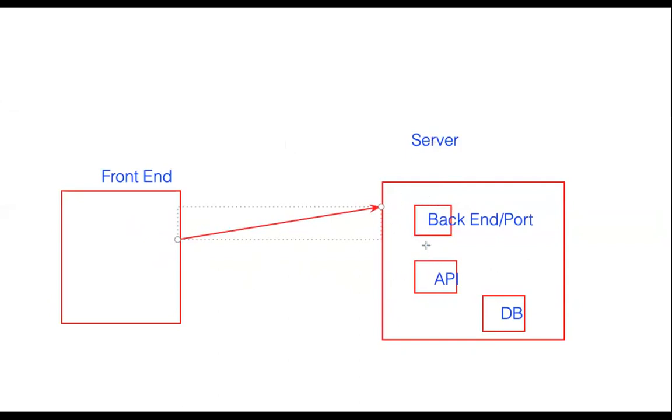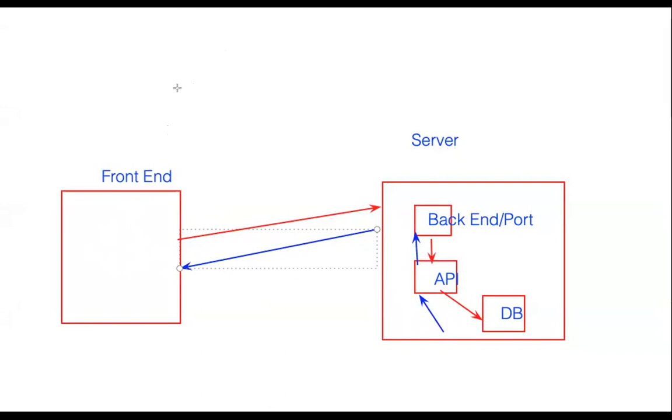It internally calls the API, the API calls the DB, and the DB responds to the API. The API sends it back to the backend component, and this backend component sends the response back to the front end. What is the front end? The front end is your browser where your HTML code is. That is how everything works in an API architecture.